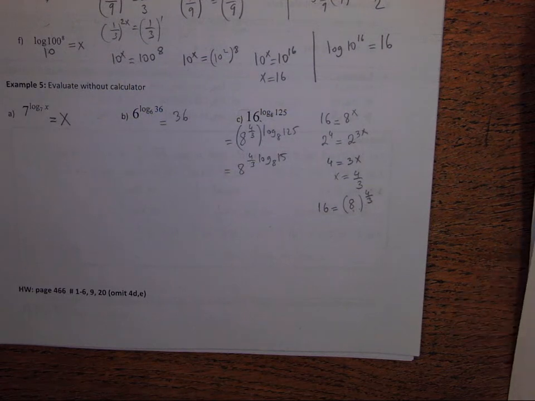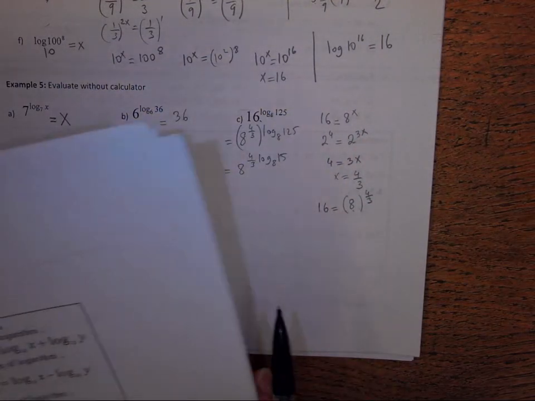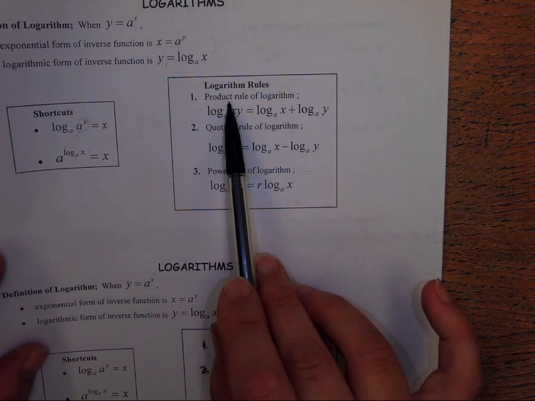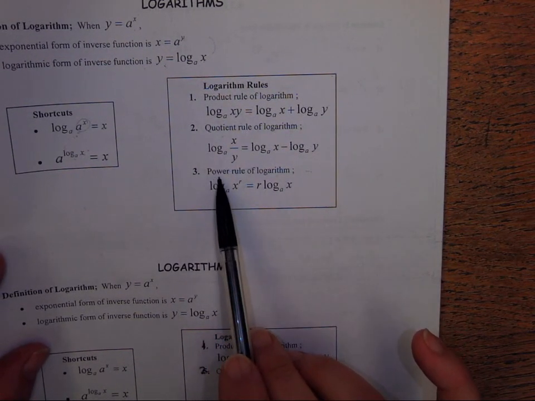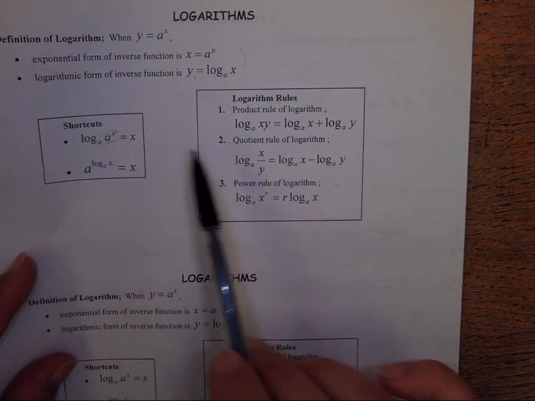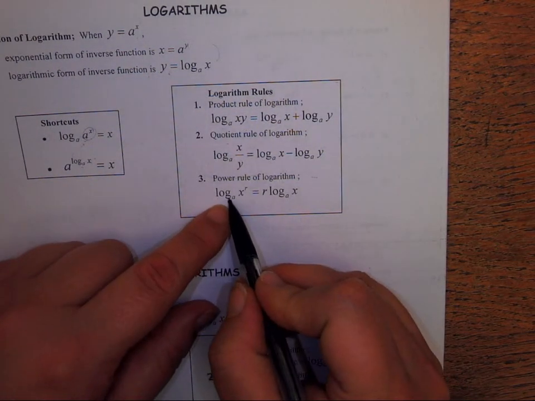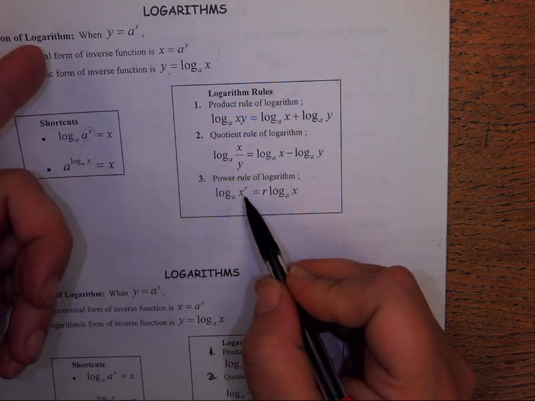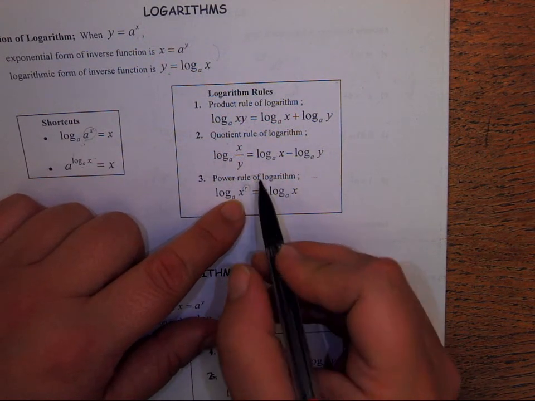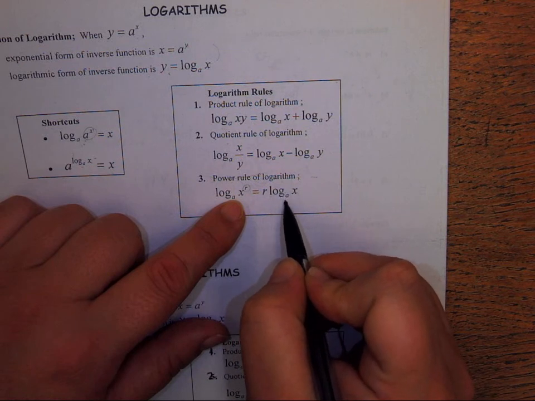Now we're going to use one of these logarithmic rules to be able to answer this question. Here we see some rules: there's a product rule, a quotient rule, and this is the power rule. Actually we kind of use that for this shortcut. If you have log base a of x to the power of r, that is equal to r times logarithm base a of x.